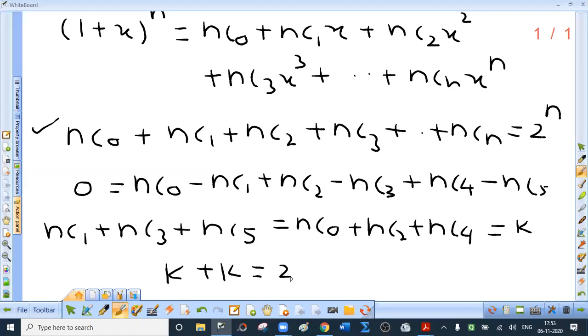So k plus k is 2 raised to n. That is 2k is 2 raised to n, but we are interested in k. So that gives me k equal to 2 raised to n upon 2. So as per laws of indices, it is 2 raised to n minus 1. And therefore, sum of odd binomial coefficients equal to sum of even binomial coefficients equal to 2 raised to n minus 1.